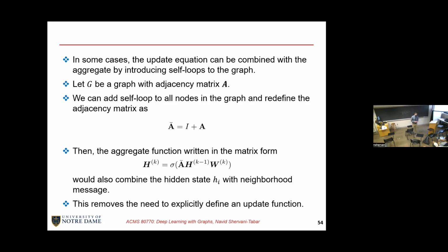Yeah, maybe someone has done it for a particular task, but when you develop some new model, you want it to be applicable to other things, right? There are some models, for instance in generative models, as we will see, that are only applicable to graphs with sizes smaller than 50.